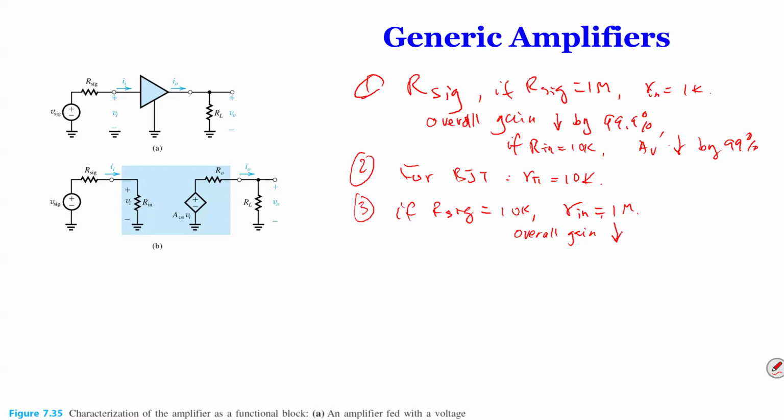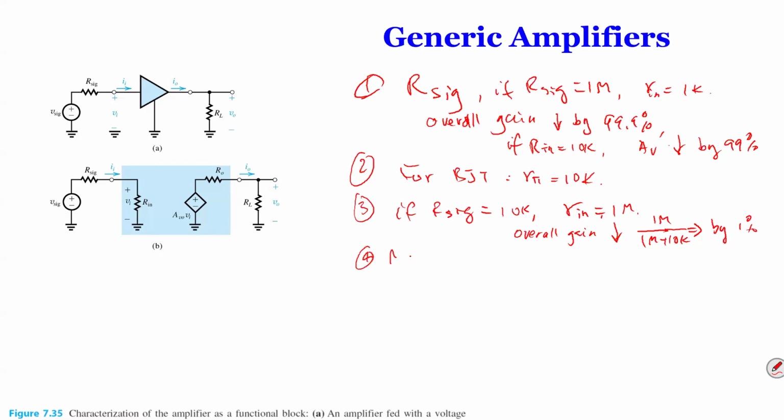Overall gain will reduce by, because your input is 1 meg, 1 meg plus 10K. So it's really reduced by what? By 1%. Right? So 1 meg over like 1.1. So it's about 1%. So if your input resistance is very big, regardless of your R sig, your gain wouldn't change very much.